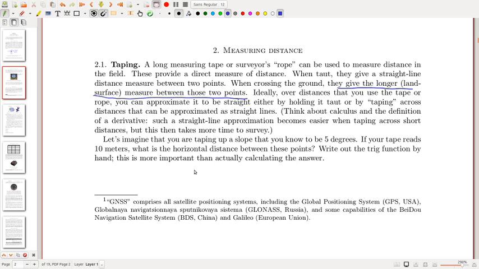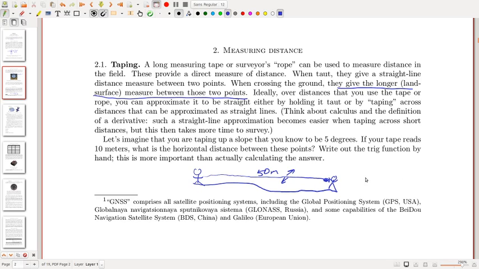In other words, if I am up here and my friend is down here, and she's holding a tape right here, and then in order to compare our positions against one another, I start to pull it out this way until it's nice and tight. But here's the problem: if it's like this and this is like 50 meters, this thing is going to be swinging back and forth in the wind like crazy. So instead, we put it on the ground.